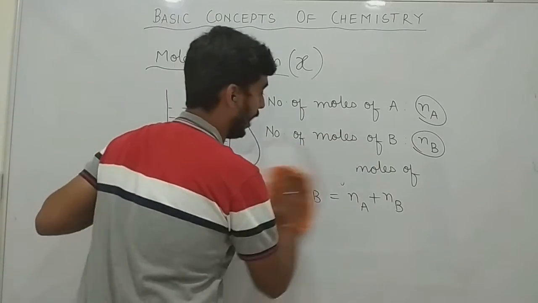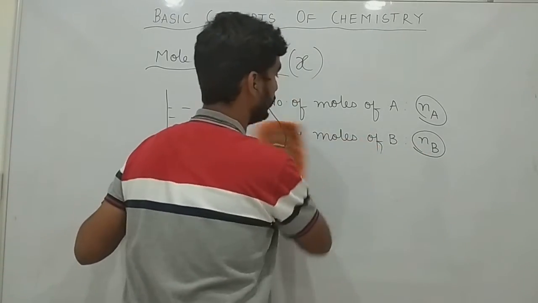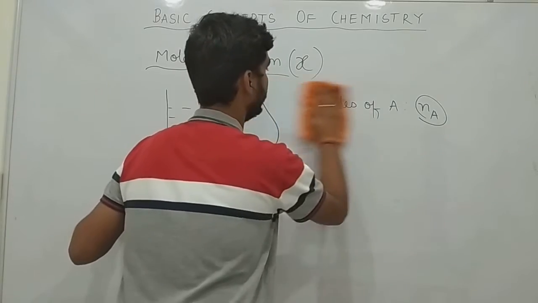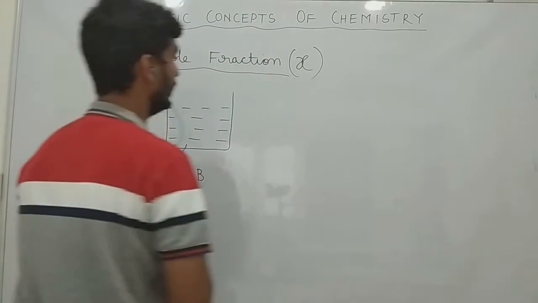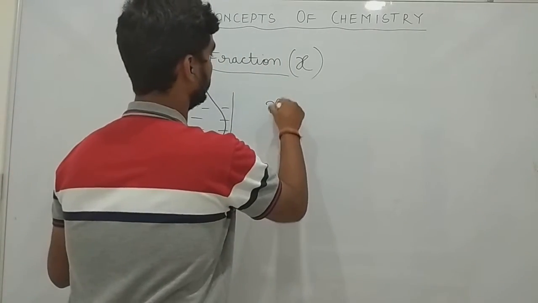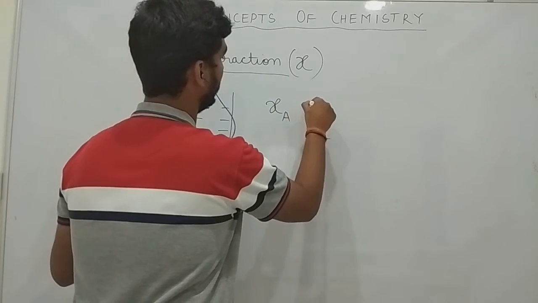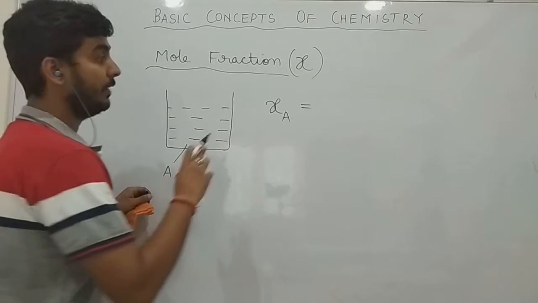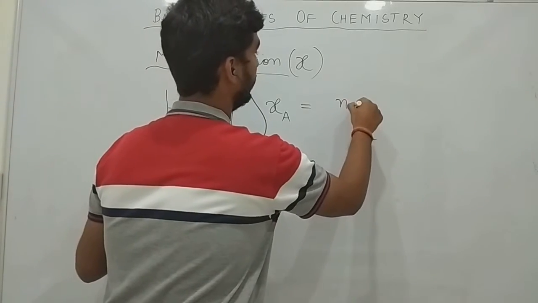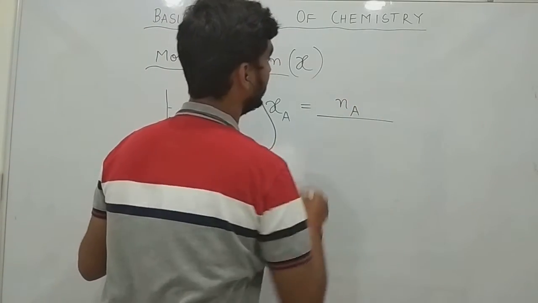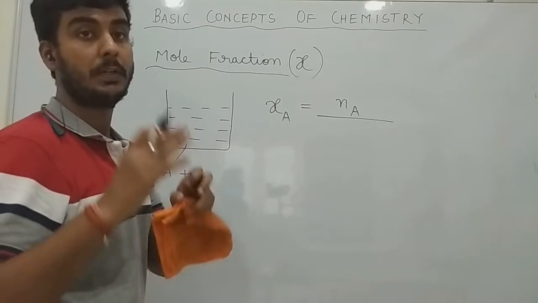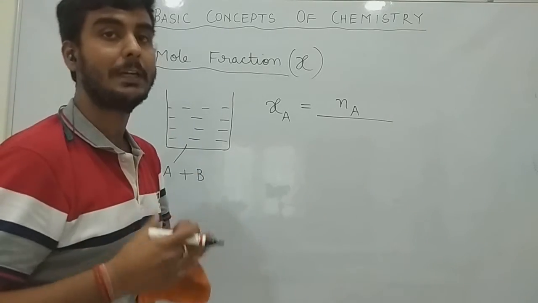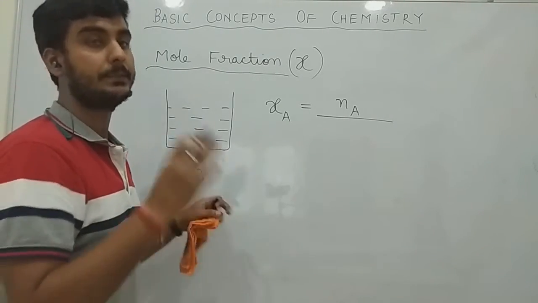Now how to calculate the mole fraction of each component? Suppose I want to calculate the mole fraction of A, then how will I calculate? Mole fraction of A will be given by number of moles of A divided by the sum of the number of moles of all the components forming the solution.